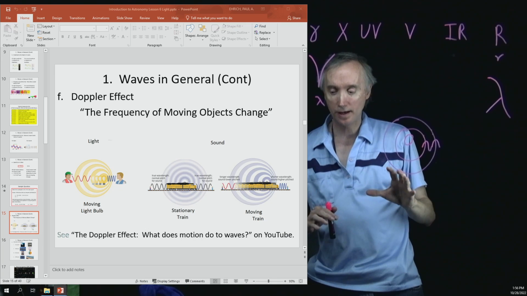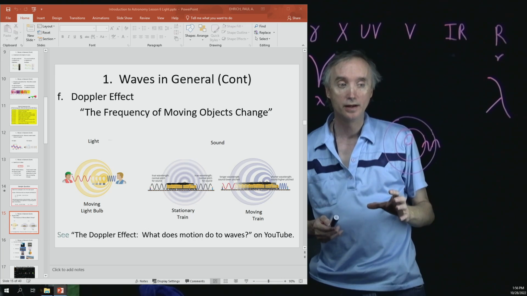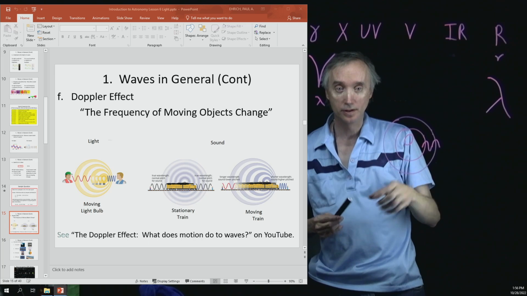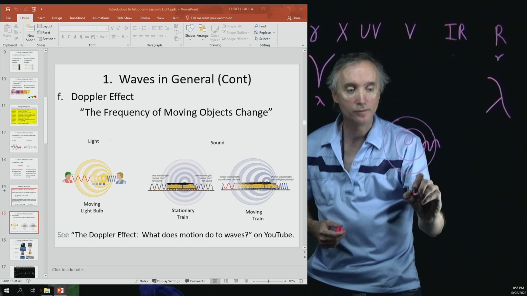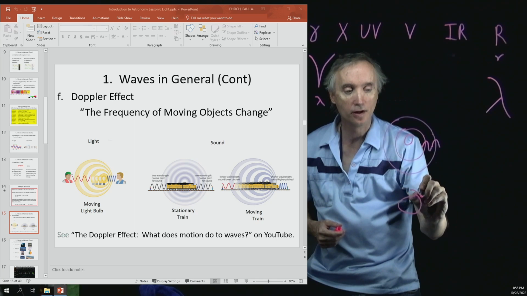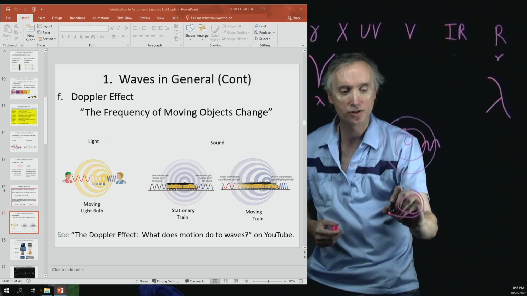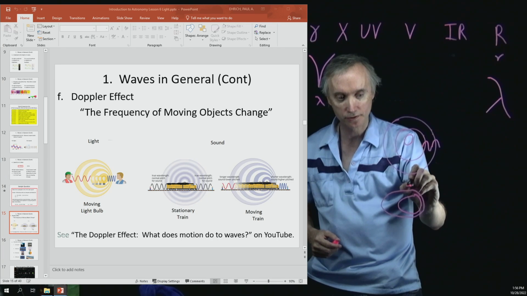On the other hand, let's pretend that this is a sound wave and it is moving. What you saw was that the waves get scrunched up in the front and stretched out in the back, something like this.